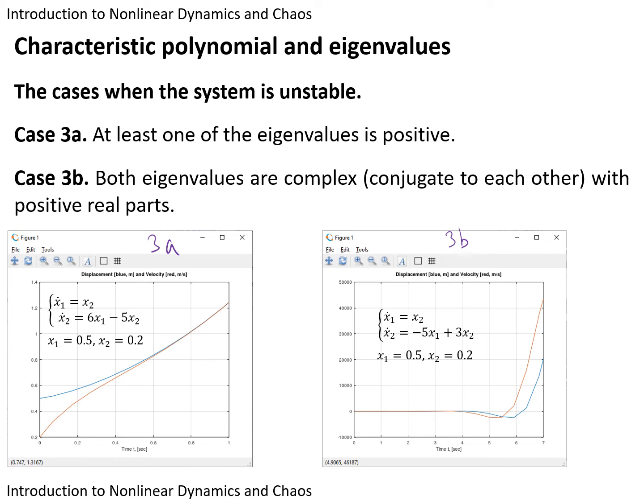If you notice, you can see in the case 3b we have kind of oscillations here. We start with very small oscillation and then continue with the bigger, but the oscillations tell us that we have complex eigenvalues.